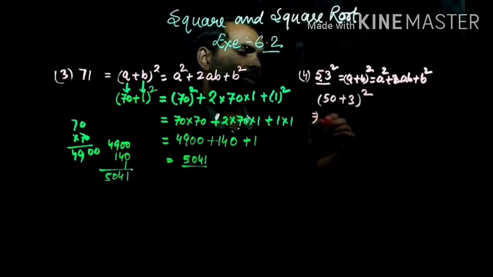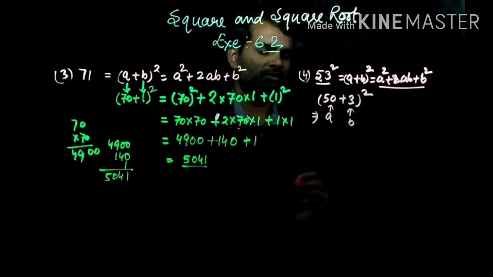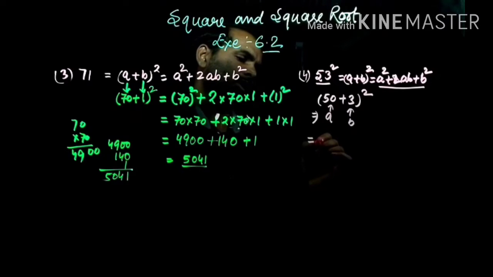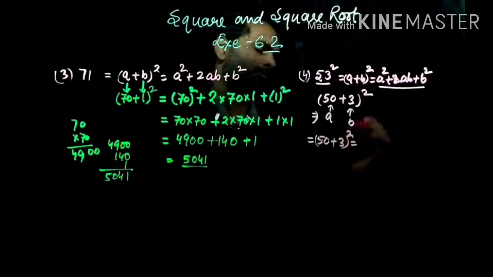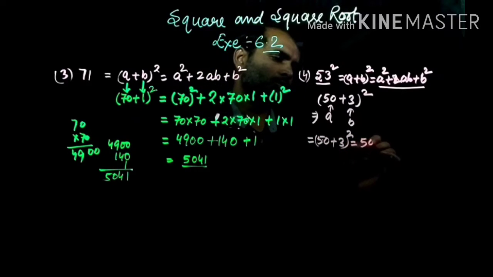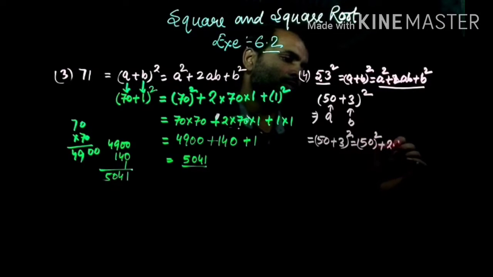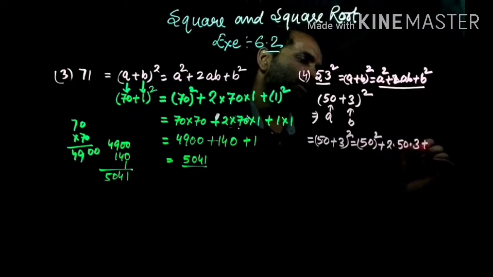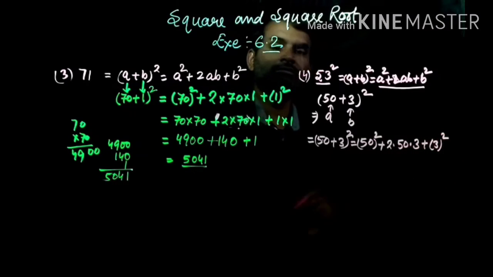The value of a is 50 and the value of b is 3. Put the values in the identity: (50 plus 3) square is equal to a square, which means 50 square, plus 2 into a, which is 50, and b, which is 3, plus 3 square.